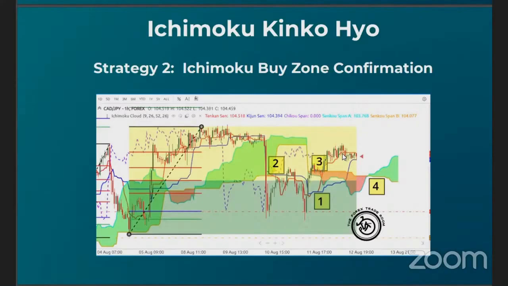This is really, really good for trending price action, because if it's moving sideways, you can just get a series where you keep getting twists. If you try to plot your fibs on sideways price action, your fibs just keep getting taken out, right? Either the B gets taken out or A gets taken out. It just goes back and forth, takes your fibs out. So it's kind of the same thing.